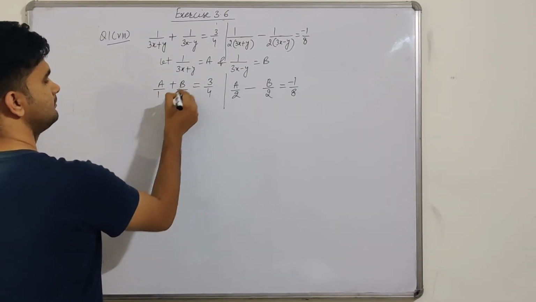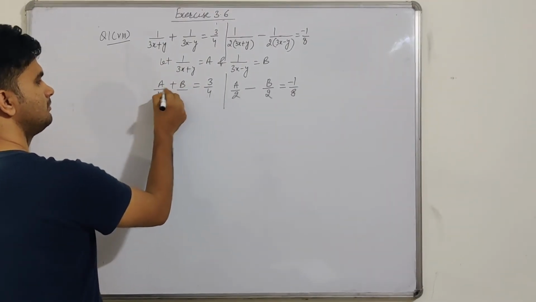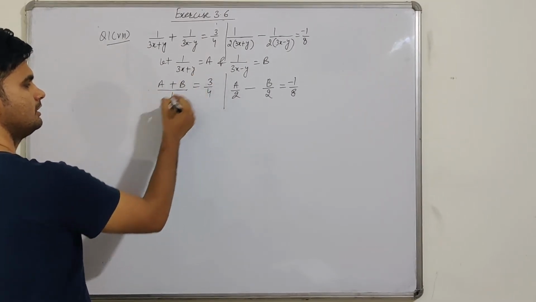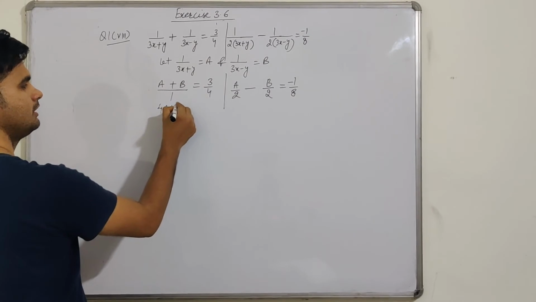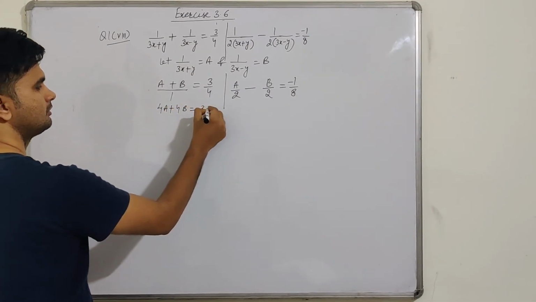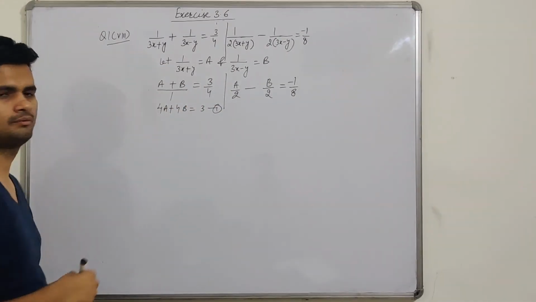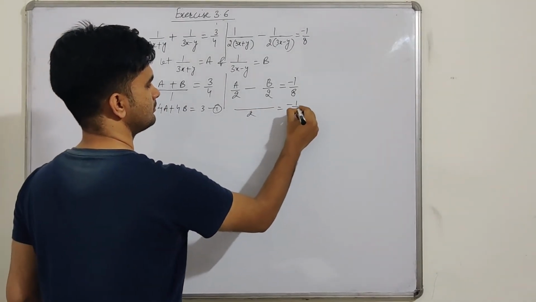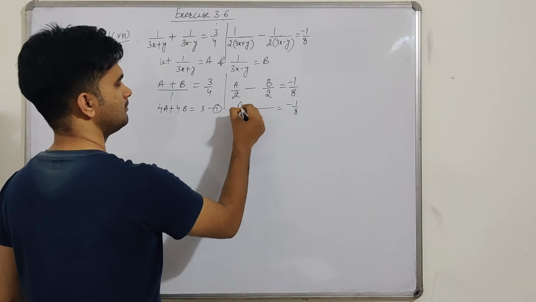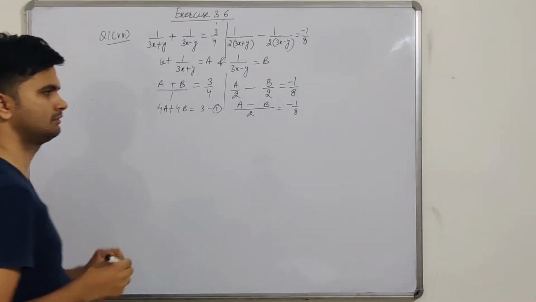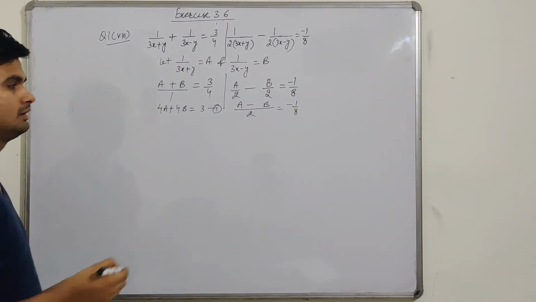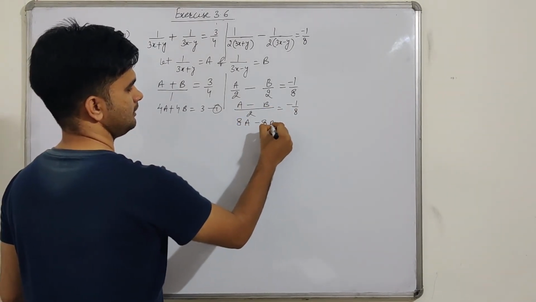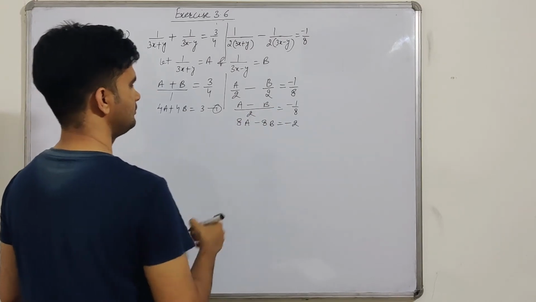Now LCM, cross multiply. Here we have 1 on the denominator, so cross multiply, this will become 4a plus 4b is equal to 3. Equation 1. Here LCM is 2. This will become a minus b. Then cross multiply. 8a minus 8b is equal to minus 2.